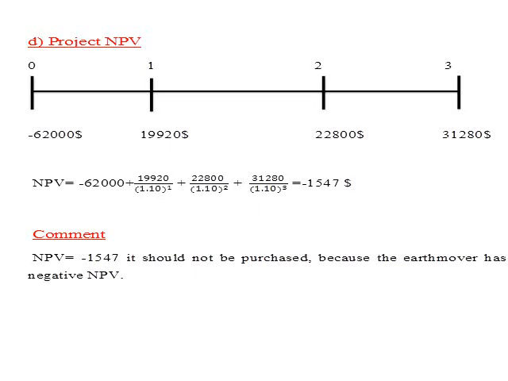Negative 62,000 plus the estimated cash flow over 1 plus R, or the cost of capital, to the power n, which is the period.